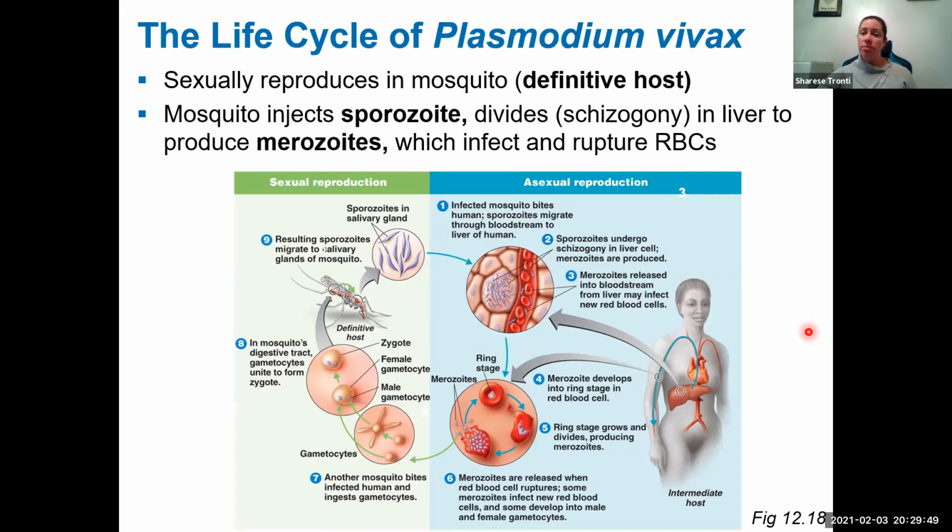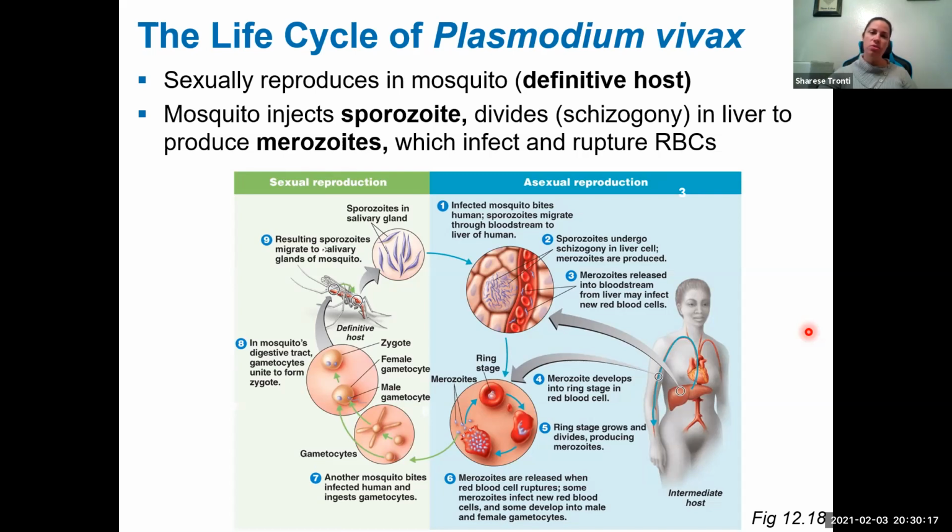All right, so Plasmodium vivax. Remember, this is what causes malaria. A vector is going to spread this, usually mosquitoes, and it's going to reproduce sexually in the mosquito. We're going to talk about it more on the next slide, but we are going to have what we call definitive and intermediate hosts.